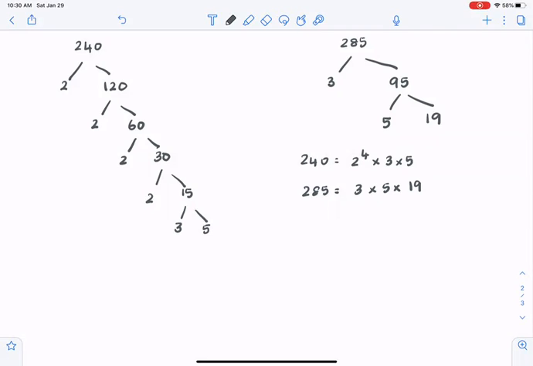What is common? Well, I've got 3, 3, 5, 5, 19. Mind you, we can't just ditch that 2 raised to 4 because we are finding the common multiple. So in this case, it is 2 raised to 4 times 3 times 5 times 19, which would be 4,560.